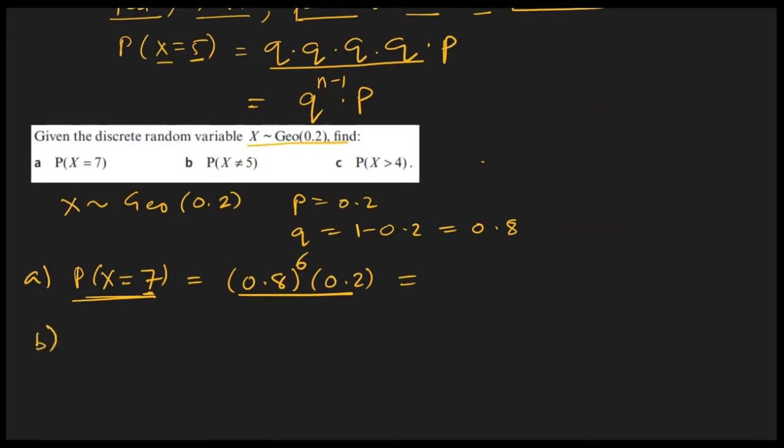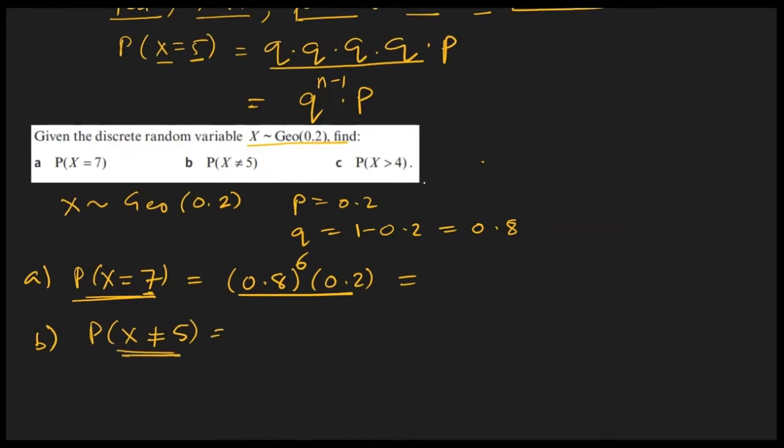Let's go to B part. They say probability that the success is not in the 5th attempt. That means it can be at 1st, 2nd, 3rd, 4th, and then 6th, 7th, 8th, and onwards. It can be any time but the 5th attempt.